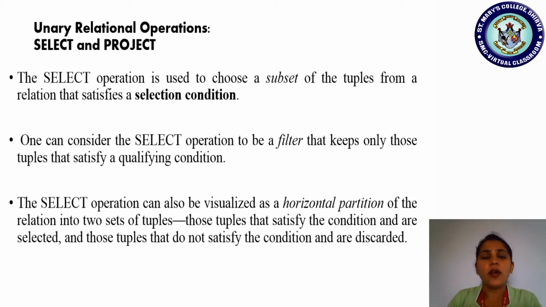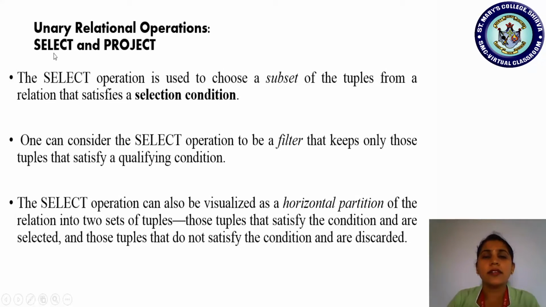So unary relational operations mean the operations which are performed on a single relation. If you want to get the information from one particular relation, then we will be making use of these unary relational operators. So which are those unary relational operators?